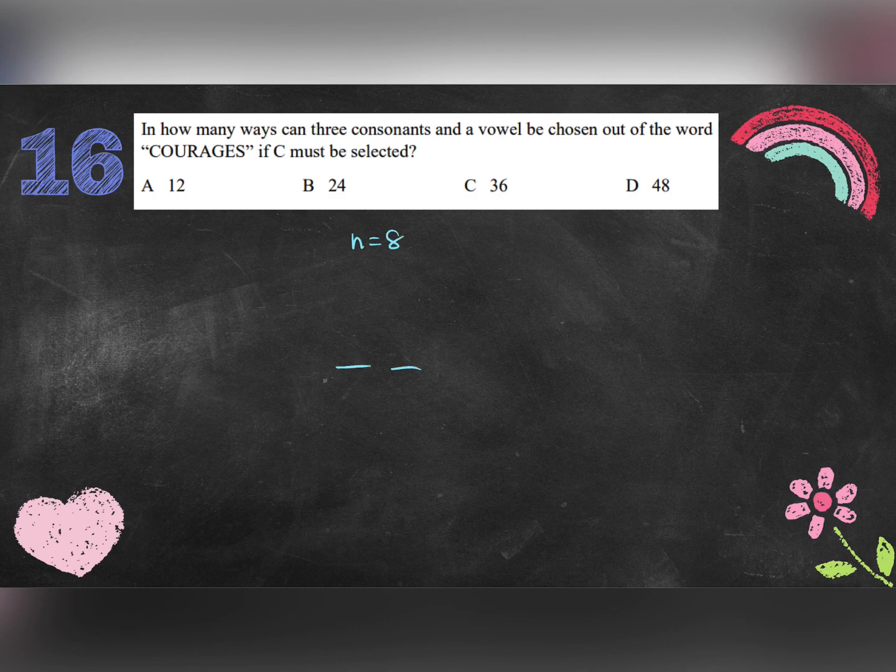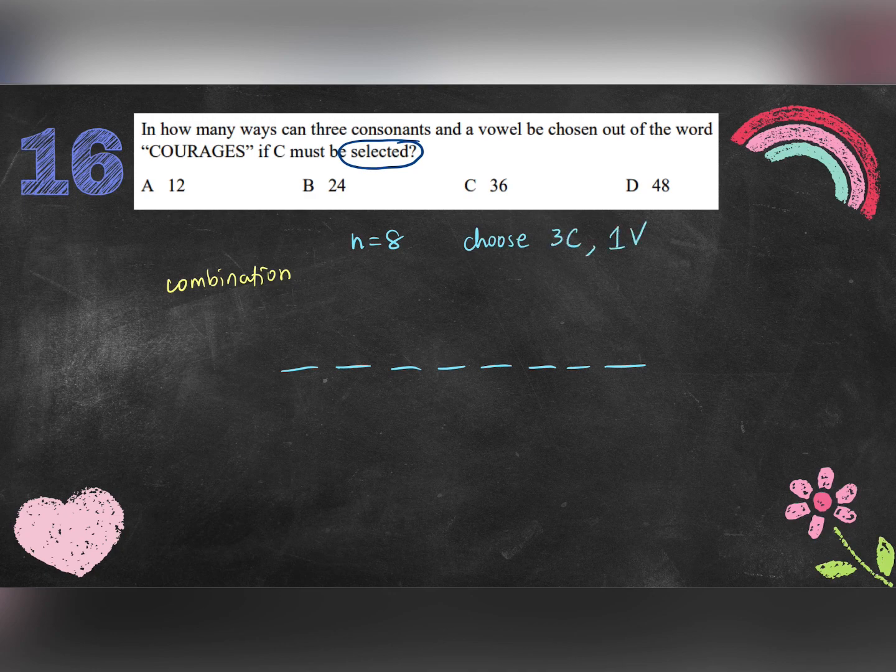And first of all, let's look here. Dia kata selected. Maksudnya this one is a combination punya case. Okay, kita nak choose 3 consonant and 1 vowel.